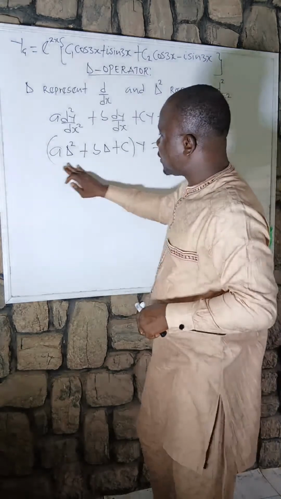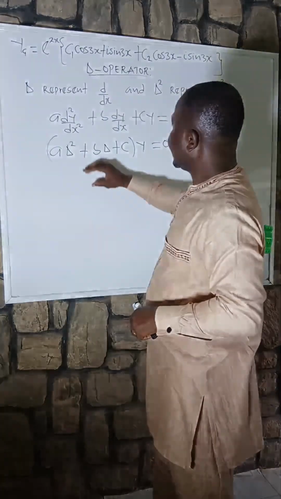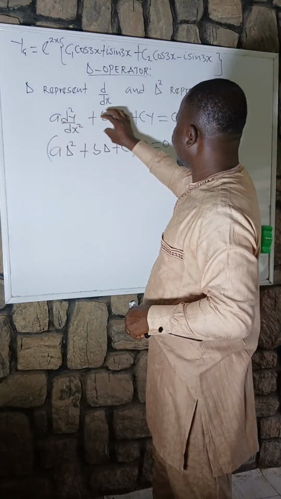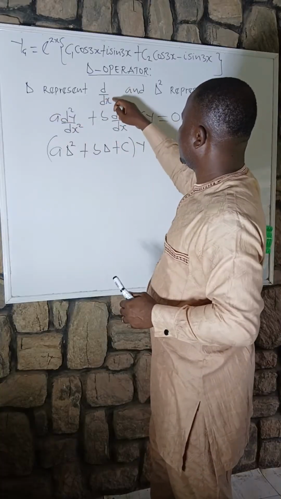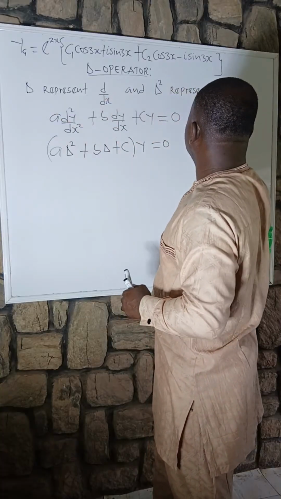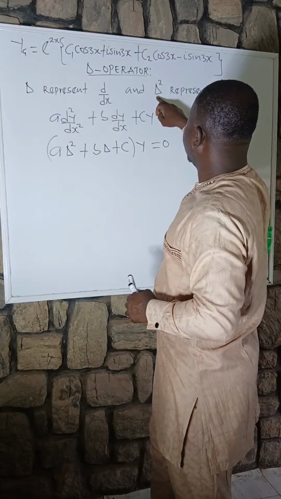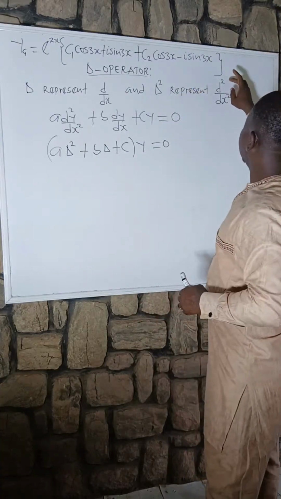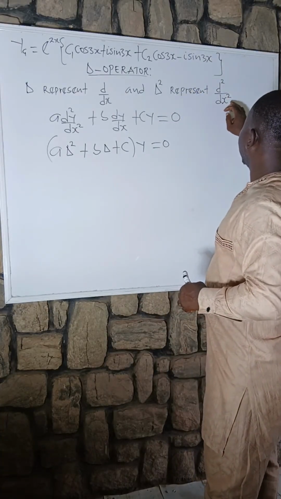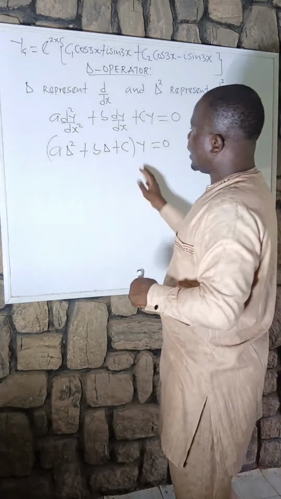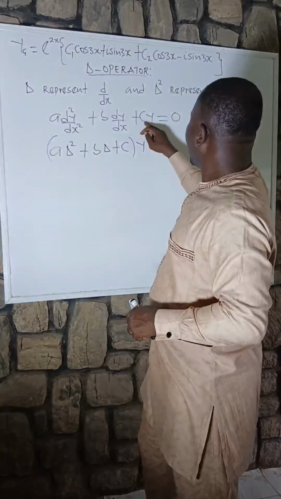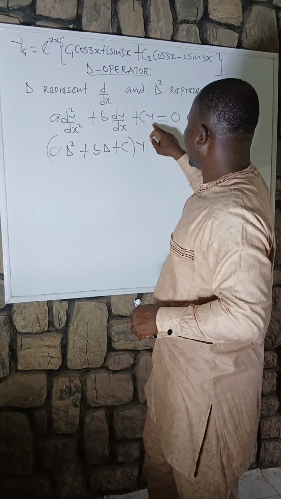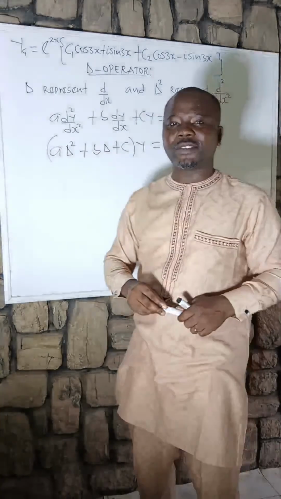Let me explain why we have this second order differential equation. D represents d all over dx, and D squared represents d squared all over dx squared. And after substitution, we factor out y. Why do we have cy here, and y is being factored out?